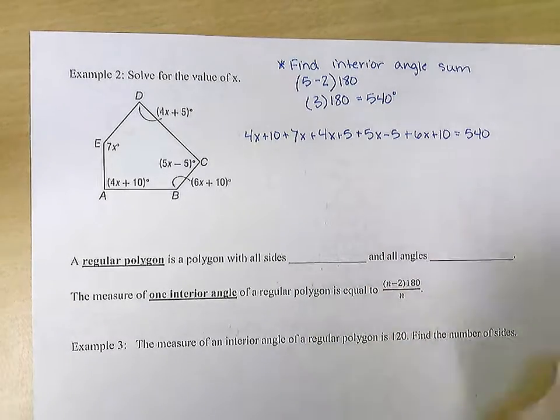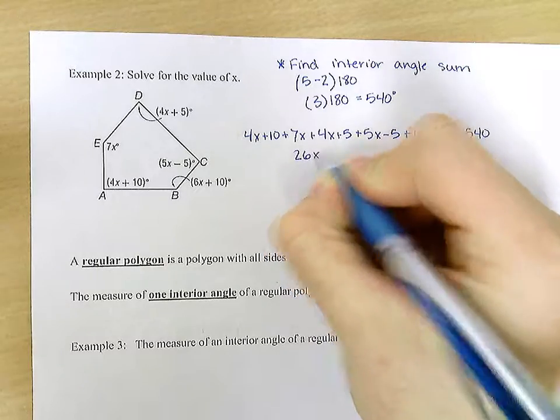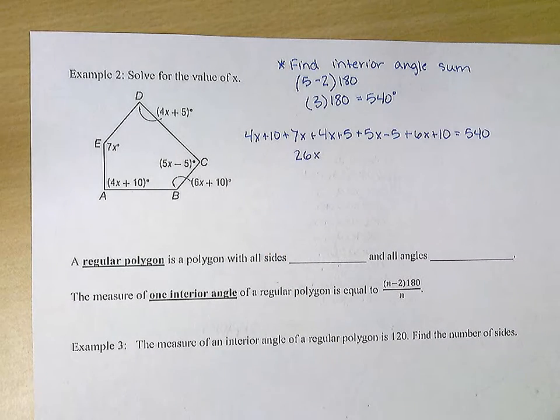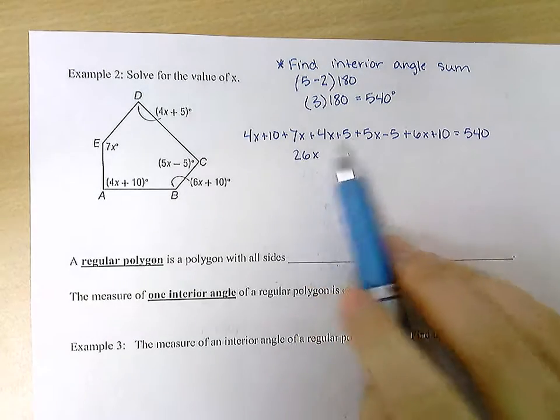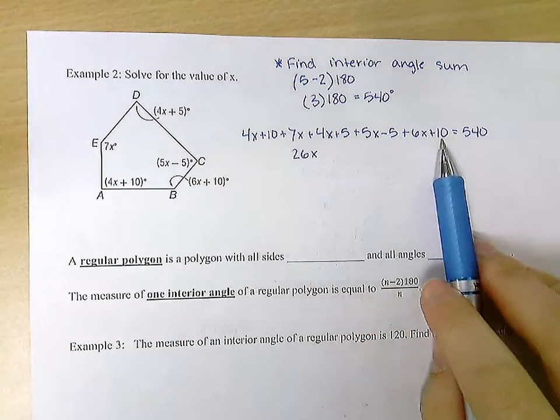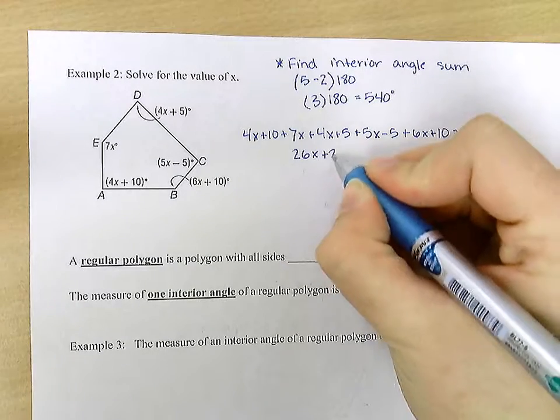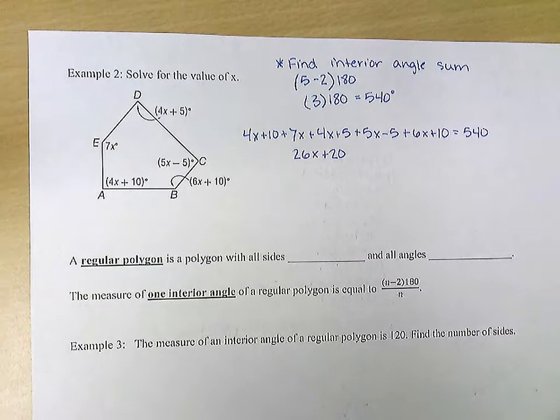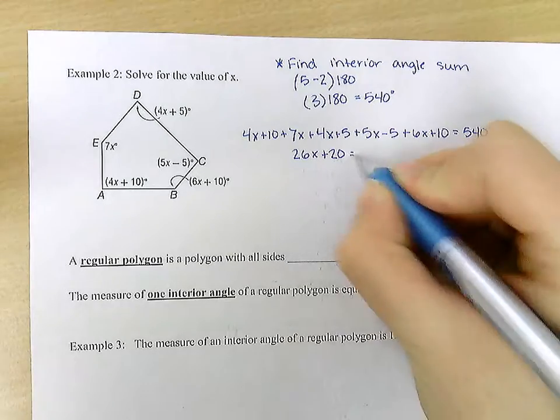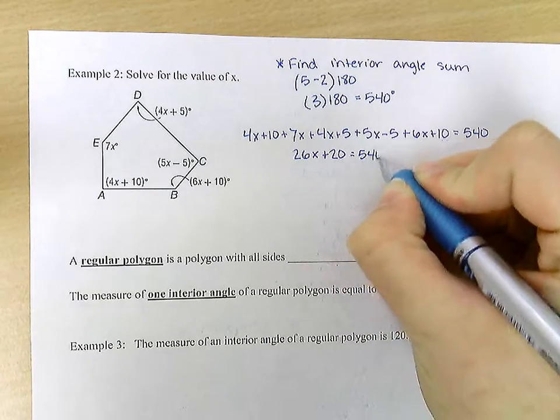Okay, from here, I just need to combine like terms. Okay, so I have 26x. Okay, all my whole numbers here together is 20. And that's still equal to 540.